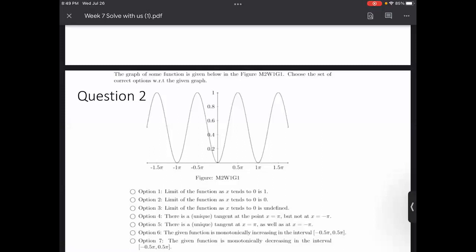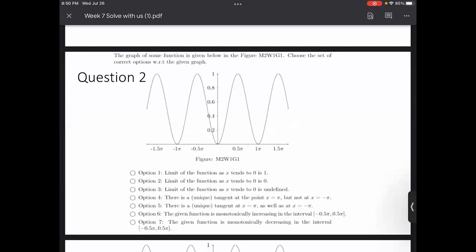So what is monotonically increasing? 2nd and 5. It is continuously increasing in that region. So it is not increasing or decreasing.